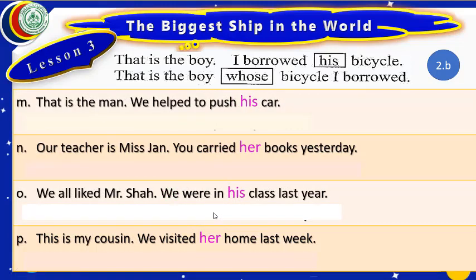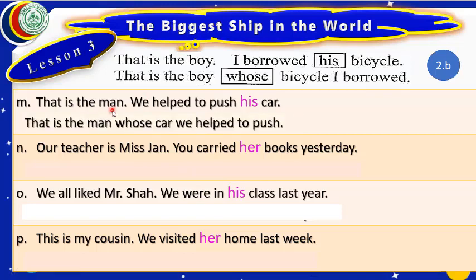Yes, M part of the same exercise is here. Its answer will become, that is the man whose car we helped to push. What will be the answer of N part?